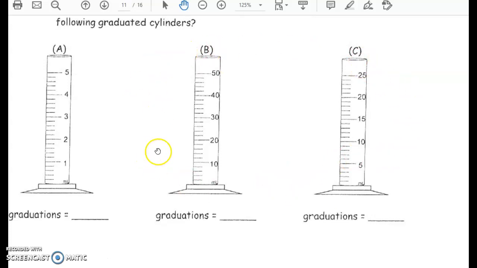The one that we're going to get the most accurate reading out of for a 2 milliliter object is going to be the graduated cylinder A, because if it's 2 milliliters and we add something in, we can see the 10th place move, right? If we put that in here, we're not going to see enough movement.